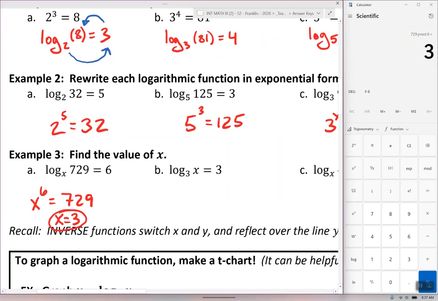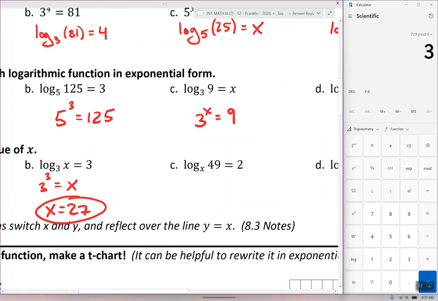Example B, we have 3 to the 3rd power equals x. So 3 to the 3rd, that's 3 times 3 times 3. That's going to be 27. Example C, x squared equals 49. Take the square root of that. I know x equals 7.